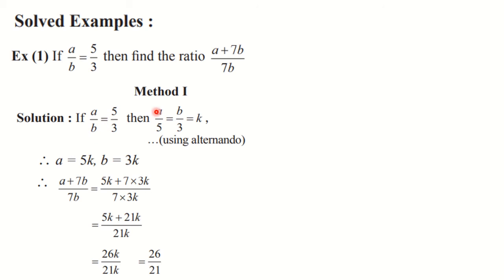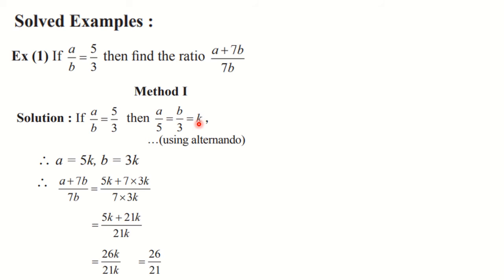So we can write a upon 5 is equal to b upon 3, and that we will take as k, one constant. We are assuming that as k for our convenience. If we cross multiply, then a is equal to 5k and b is equal to 3k.